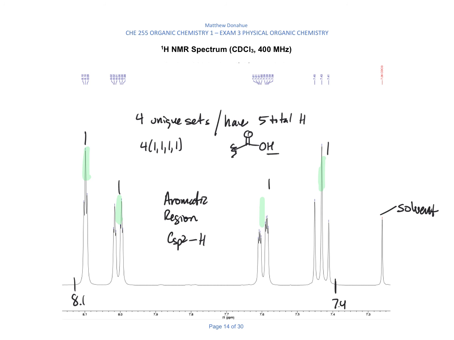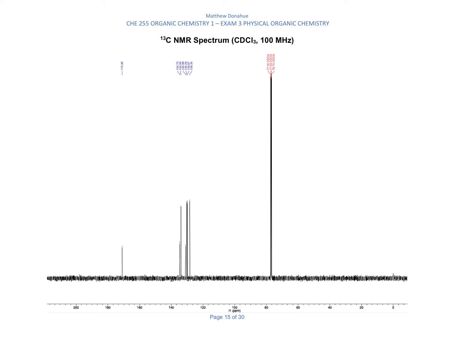Let's move on to the carbon data. We'll confirm that. What we can gather from this is solvent, so we do not count that. These peaks are jammed together, but what you can do here is count these: 1, 2, 3, 4, 5, 6, 7.